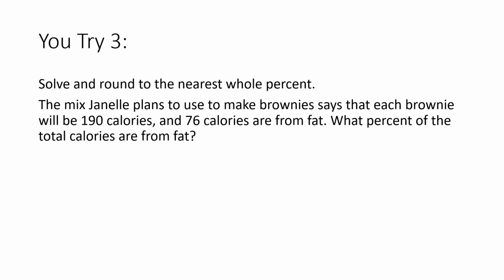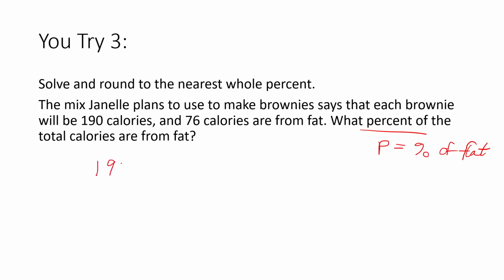Okay, now that you've tried them on your own, let's do it together. So we read it, and we're looking for the percent again. I happen to use P for the percent of fat. So let's do it now. So looks like the total is 190 calories, 76 are for fat.